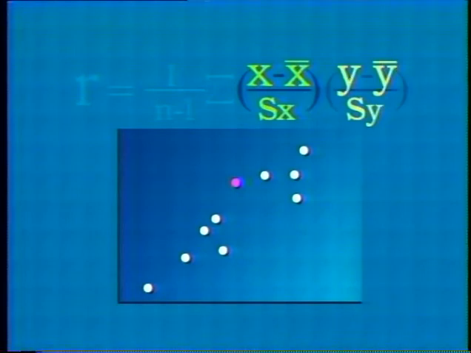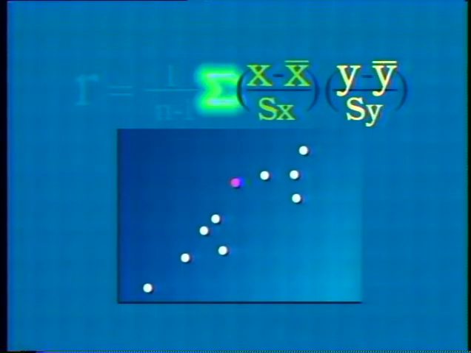Next, we convert the value of y for this point into standard units in the same way. Using standard units means that the R we get doesn't depend on the units we use to measure x and y. If x is weight, for example, R won't change if we switch from pounds to kilograms. Since we're measuring the relationship between the two variables, we hook the x and y values together by multiplying the two standardized values.